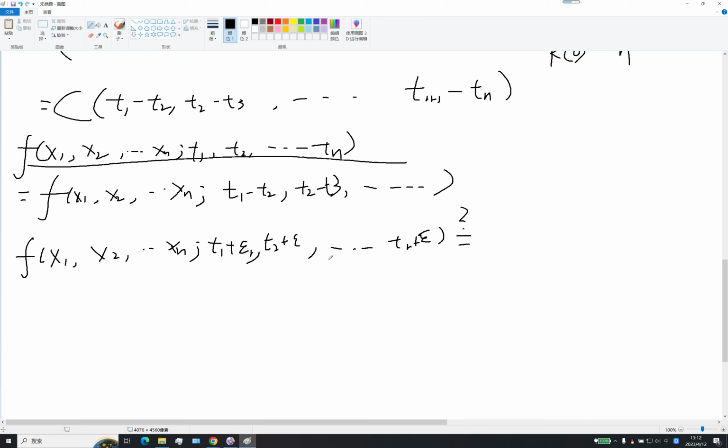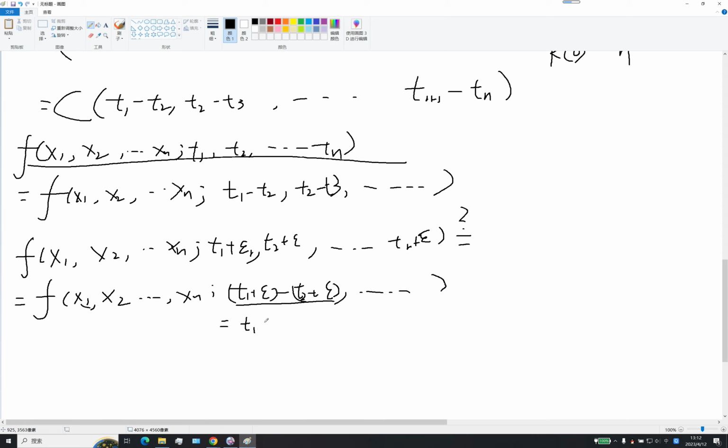So we can change this into this form: f of x1, x2, ..., xn and t1 plus epsilon minus t2 plus epsilon, and so on. Because this is equal to t1 minus t2, and other parts are also the same, it can be changed to t2 minus t3, and so on.